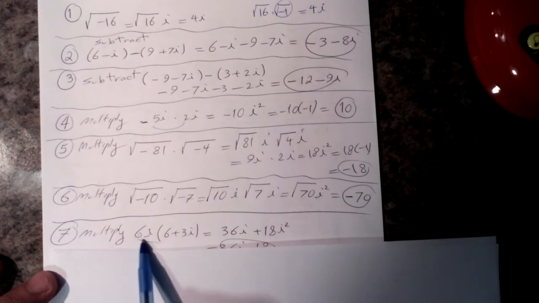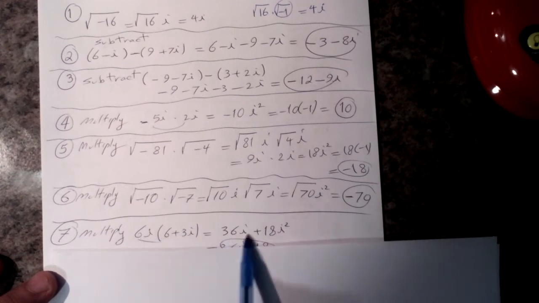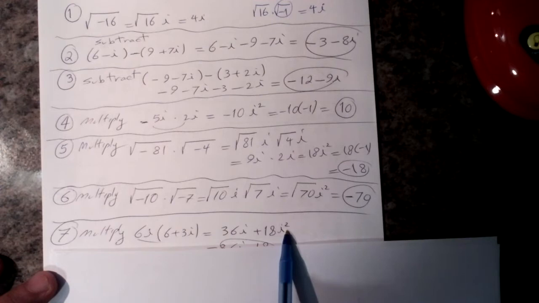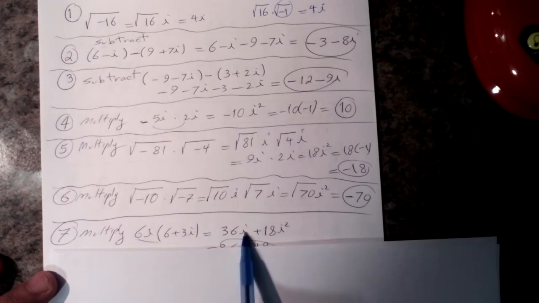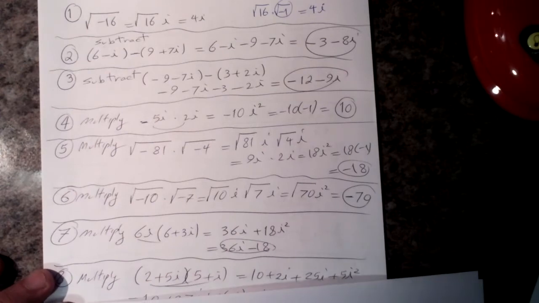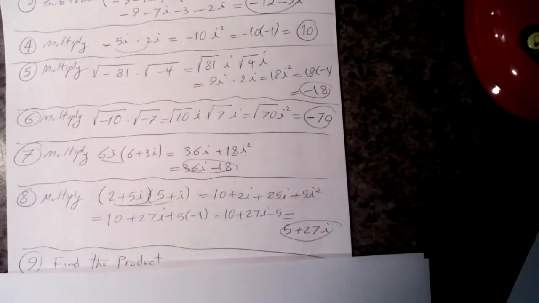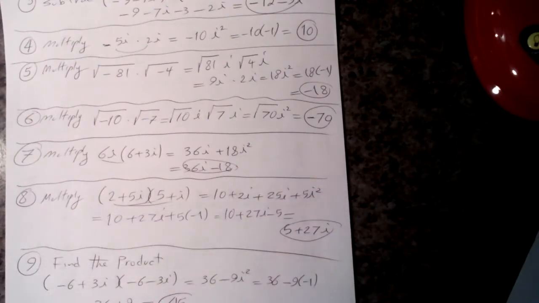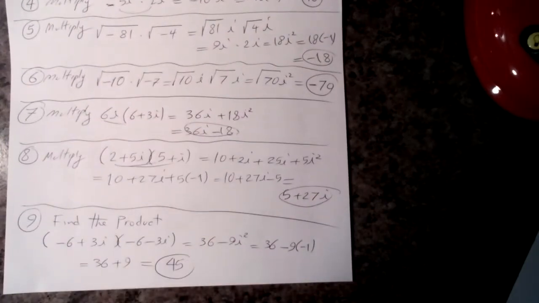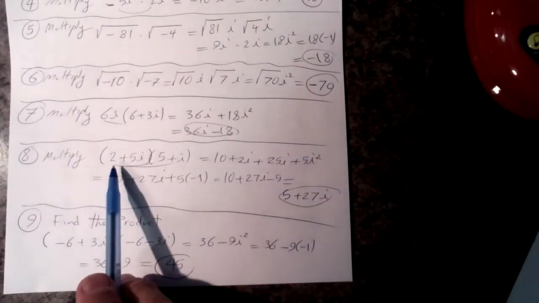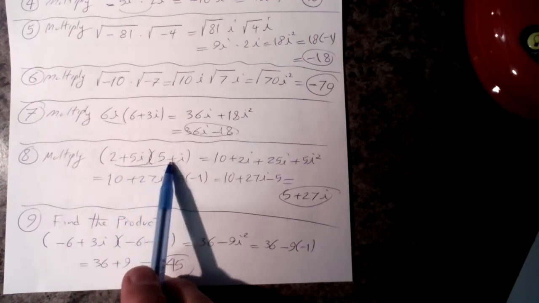With multiplication, you distribute. Anywhere you see i², you put negative 1. Don't substitute for i, because i is a radical; i² is negative 1, but i you just leave as i. The rest is very similar to multiplication of variables, like 2 plus 5x times 5 plus x.